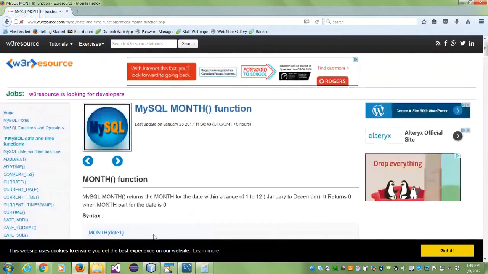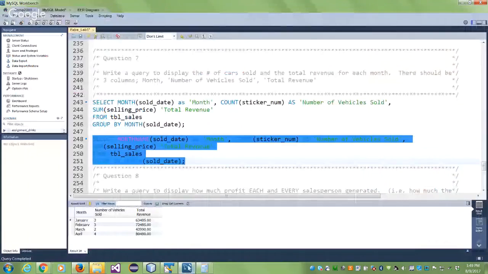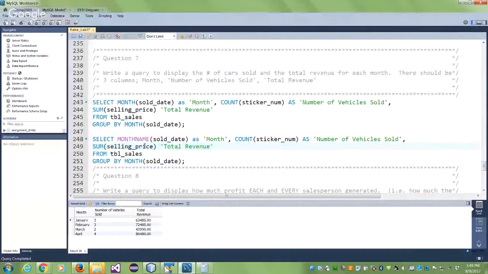Why are they coming in different colors? I don't know. Why in blue and pink? They're both functions. So I didn't say anything. I just said write a query to display the number of cars sold, the total revenue, and then there should be 3 columns, month, so on and so on. So when I said select, let's see if I should show the month name here, and then the answer will be the same.